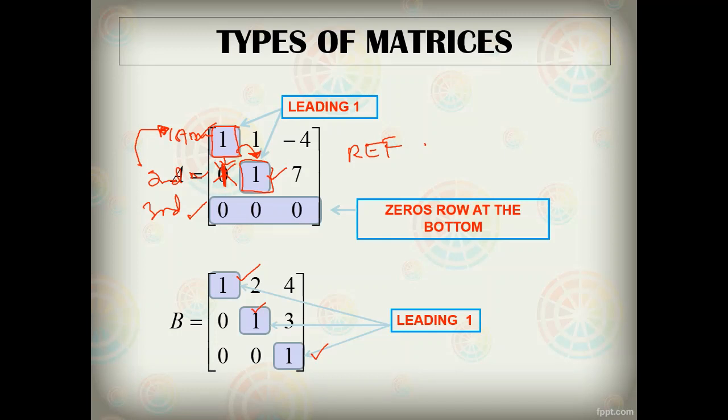So the second condition is satisfied. Now the third condition, where the number 1 must appear to the right of the previous rows. Since 1 starts here, the next must start to the right of the previous. This is to the right of the previous. This number 1 also starts to the right of the previous. So matrix B is also REF.